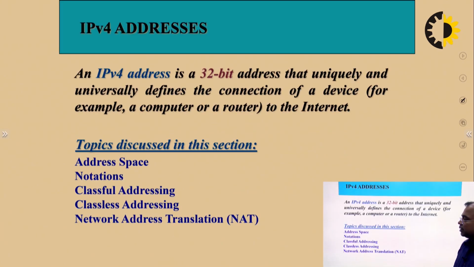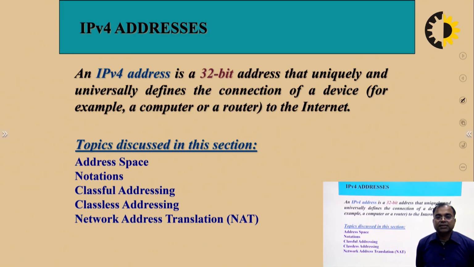Now, in this network layer, first we come to know about IP addresses. Basically, it is a 32-bit address that uniquely and universally defines the connection of a device. When we connect in a network, we must have two types of addresses: one is the physical address, another is the logical address.